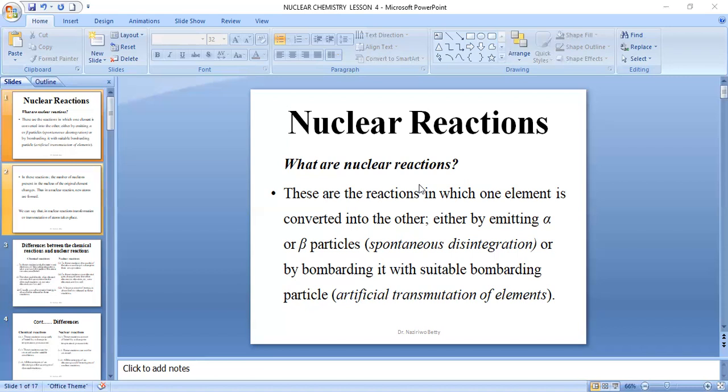The nuclear shell containing the specific number is said to be stable. And this specific number is known as the magic number. And these magic numbers are 2, 8, 20, 28, 50, 82, and 120.